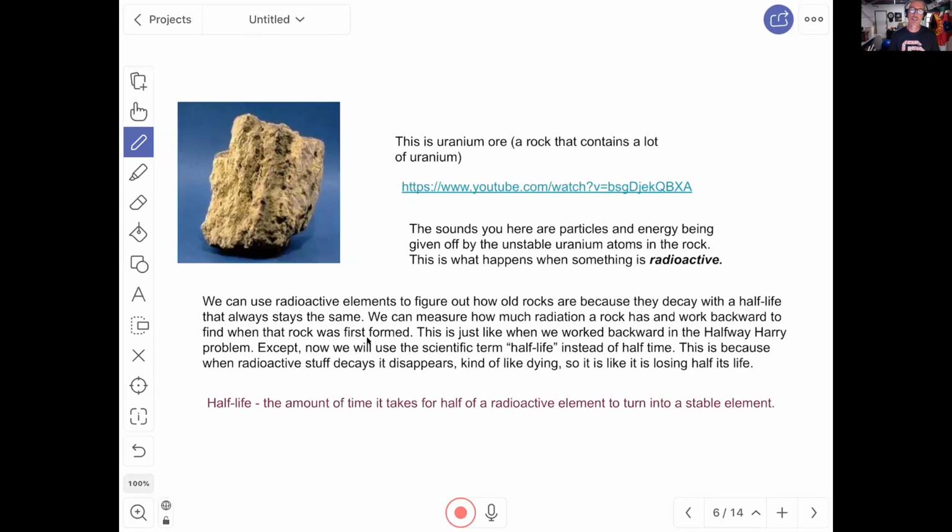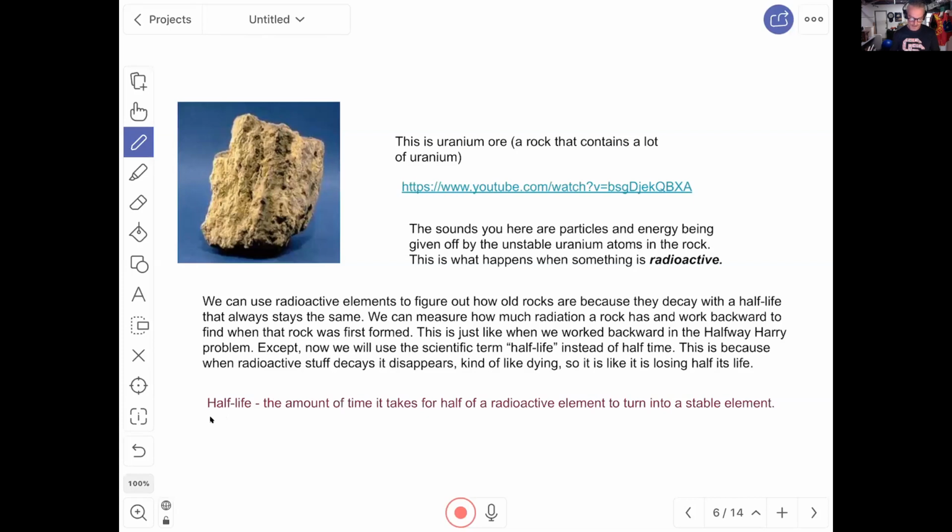So it turns out that we can work backwards, just like we did with that problem. If we find a rock and it's giving off a certain amount of radiation, we can actually figure out how old that rock is or when it was actually formed.